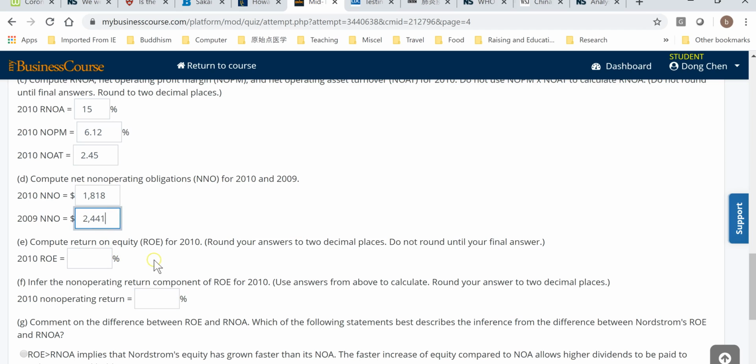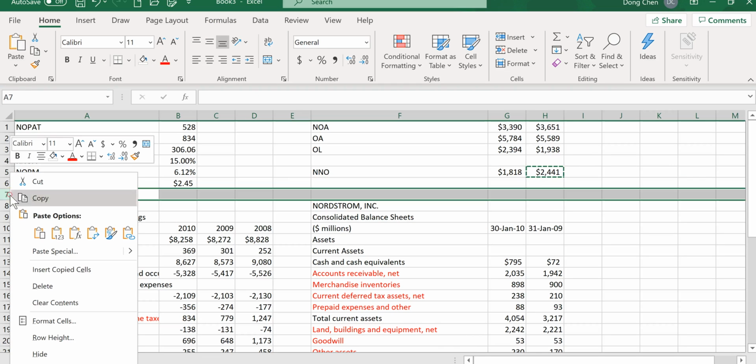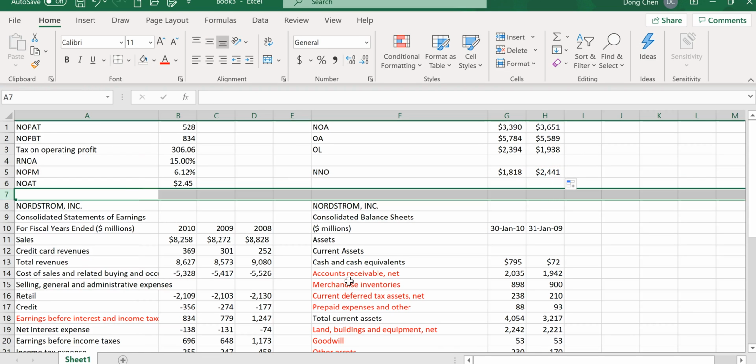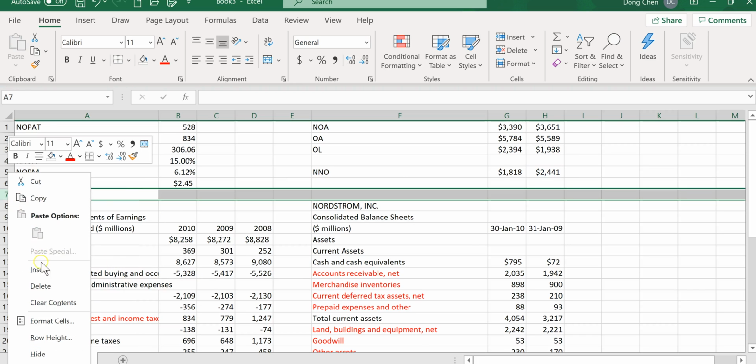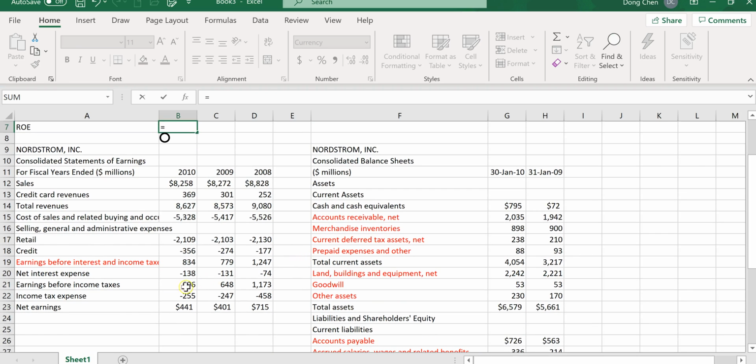Compute return on equity for 2010. Round your answers to 2 decimal places. Do not round until your final answer. So we add one more row here. ROE, return on equity, is defined to be net earnings or net income, right?